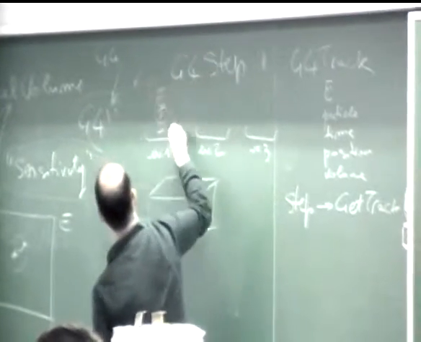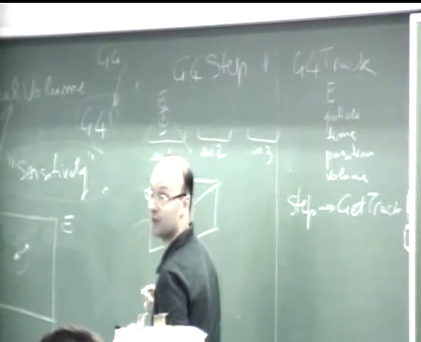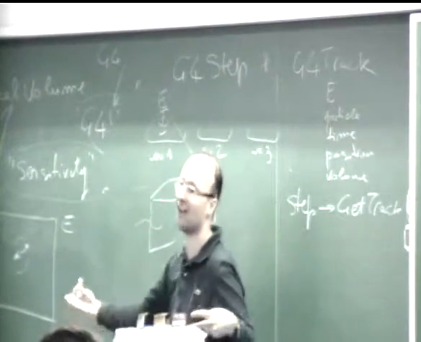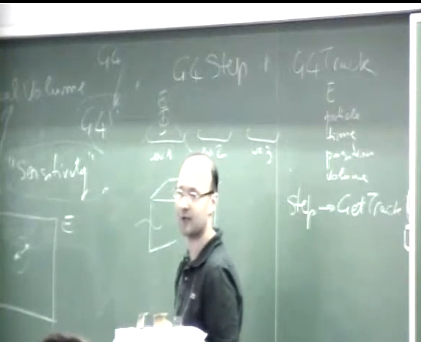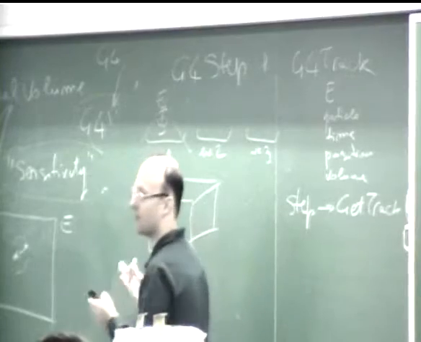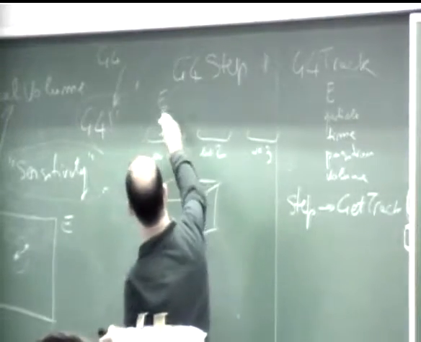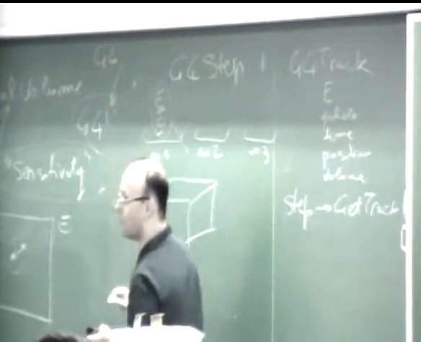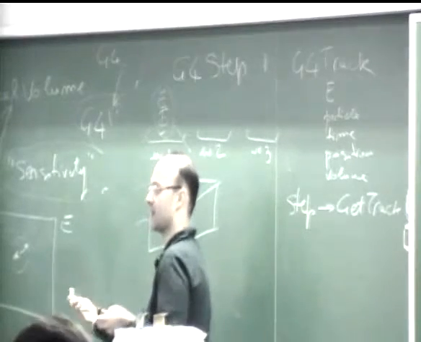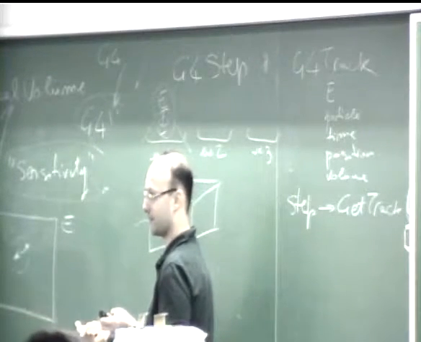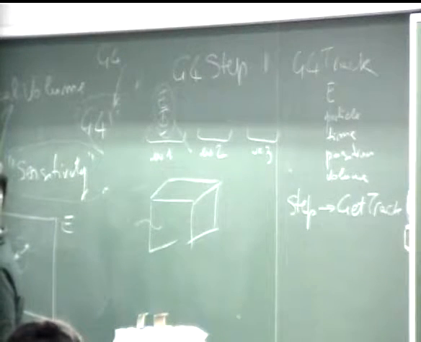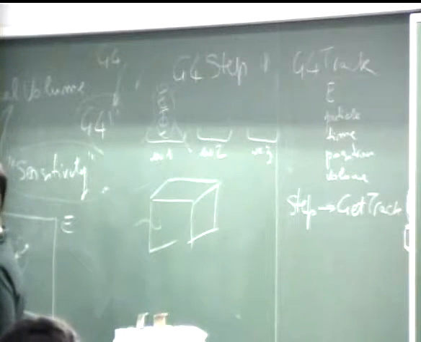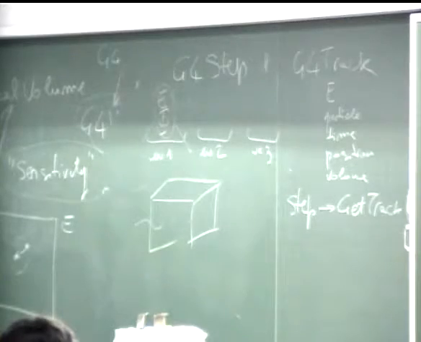When you start the second event, this information is cancelled by GEANT4. You are not keeping it in memory forever. At the end of the event, you have to read it by yourself and write it in your file or whatever. So GEANT4 will make this information available, but you have to read it before it's removed from the memory. This is typically done in the end of event action. It's something that you want to do at the end of the event.